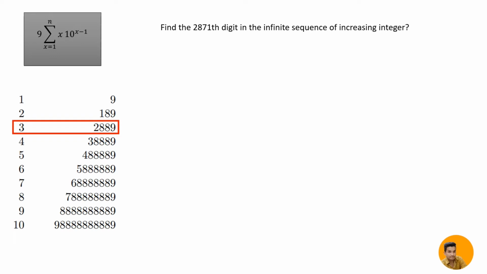So I can clearly say this is a 3-digit number, n is 3, correct? Because this is less than 2889.